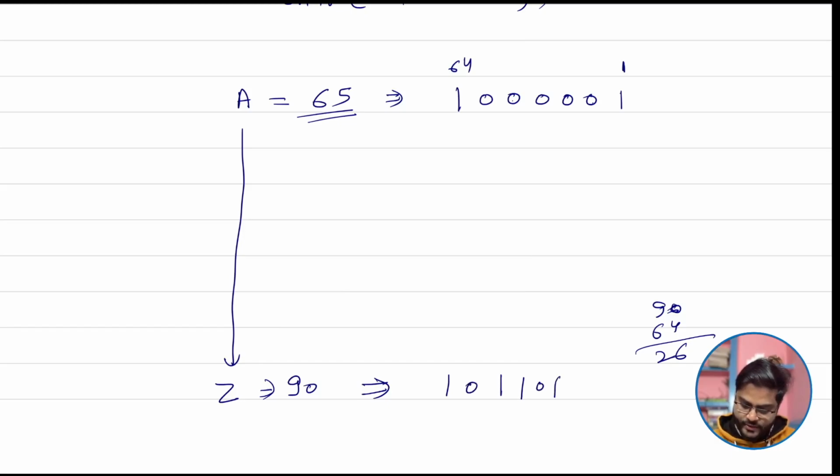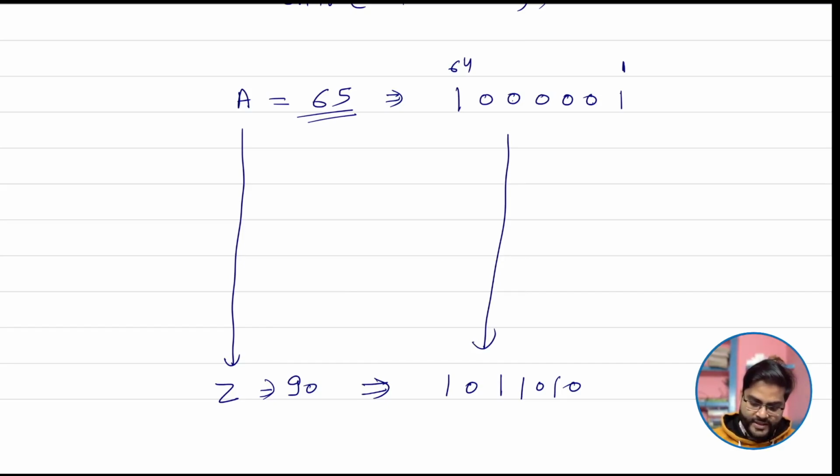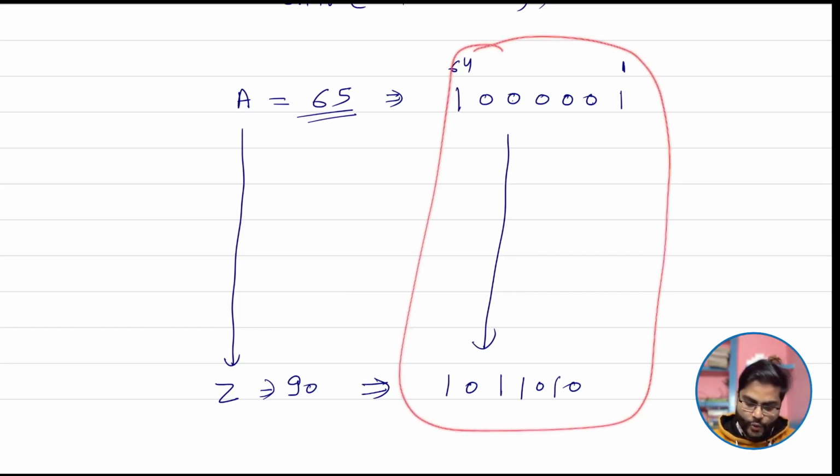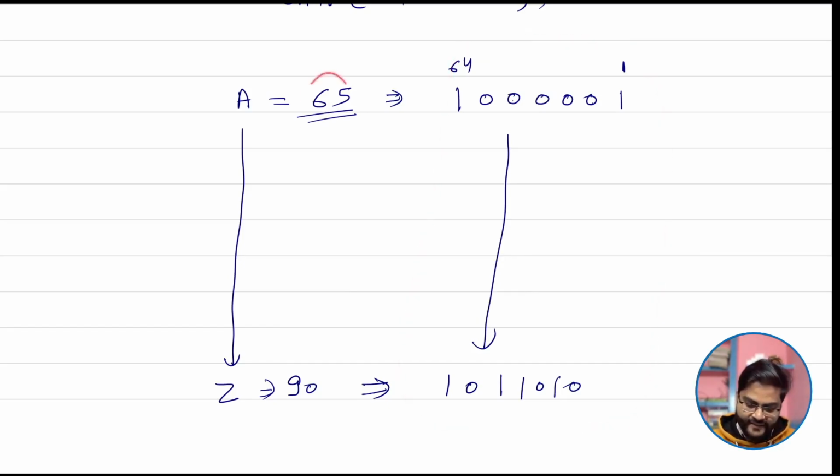So 2, 4, 8, 16, 32, 64. 64 plus 24 plus 2 will be 90, right? Now if you see this pattern, my value is starting from 65 and it goes till 90, correct?